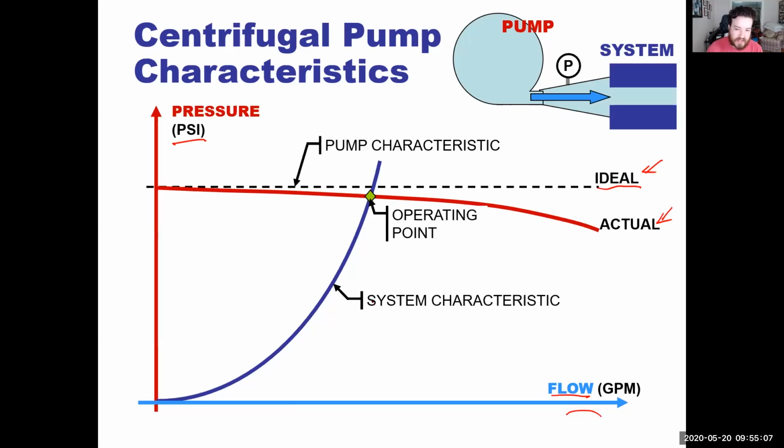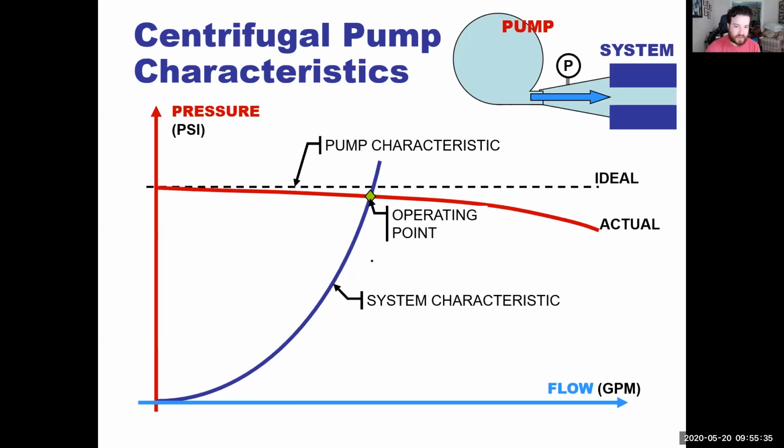That's what you should keep in mind for system characteristics. But simply put, you could think of system characteristics as a valve, your discharge valve, because that's still resisting flow. Is it absolutely correct? No, but it will give you a good picture in your own head of the resistance to flow of having a valve at the outlet.